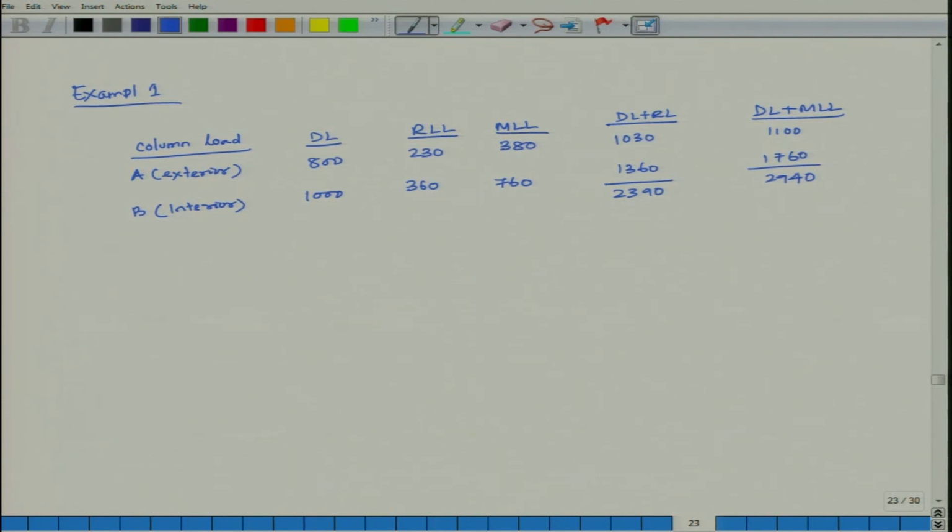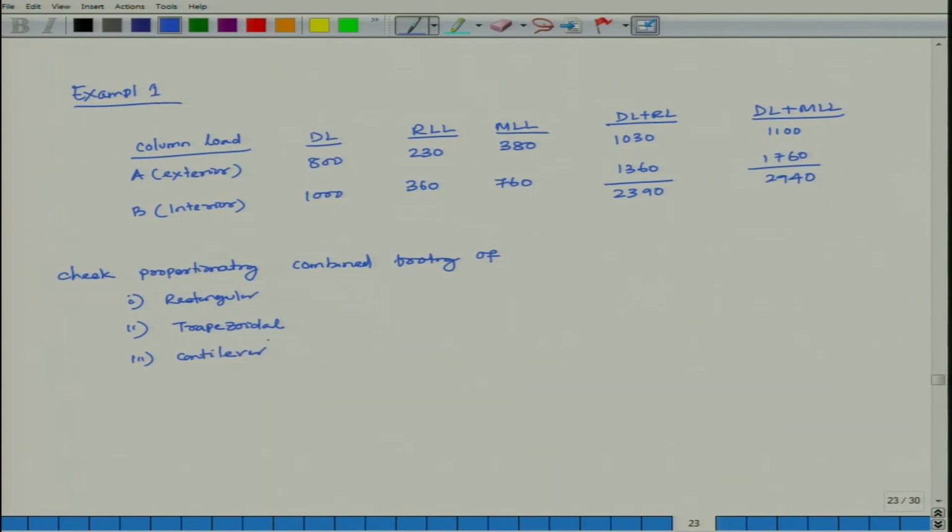What is the question? The question is to check the proportioning of combined footing: first rectangular footing, second trapezoidal, third cantilever.